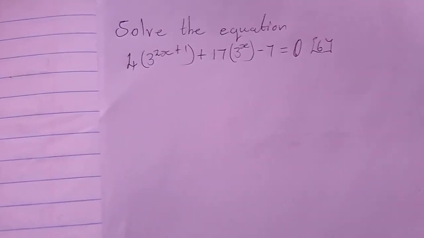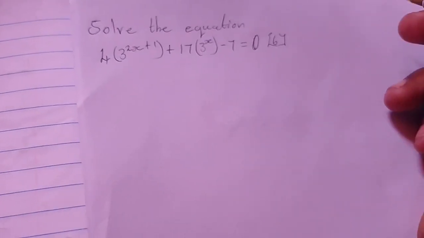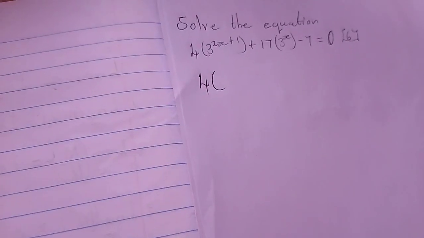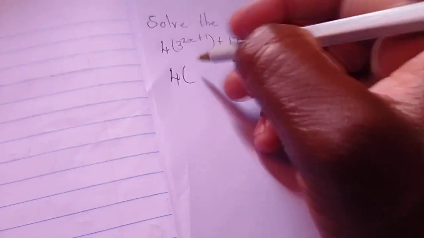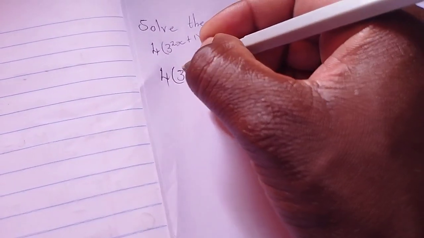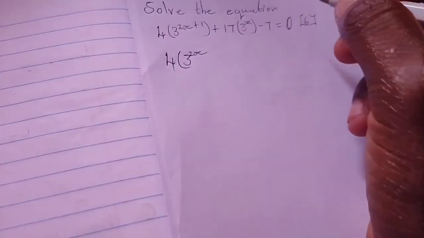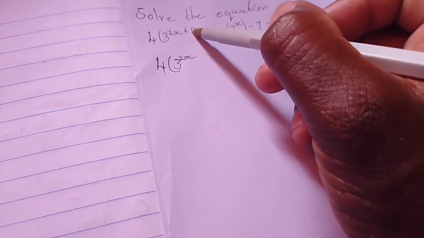So first thing first, let's simplify things. We'll say 4, then open bracket, 3 to the power of 2x, plus 1 here.